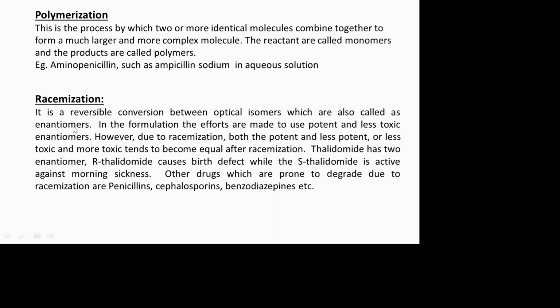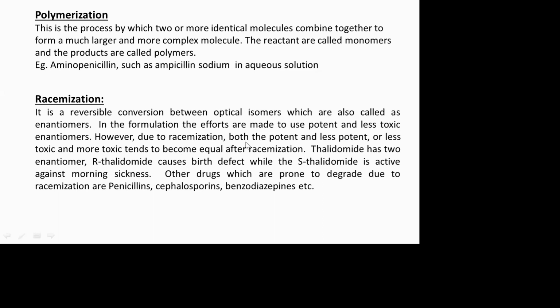Another is racemization. What is racemization? It is the conversion of one type of enantiomer to another type of enantiomer, plus enantiomer to minus enantiomer. It is a reversible conversion between optical isomers, which are also called enantiomers. In the formulation, efforts are made to use potent and less toxic enantiomers.